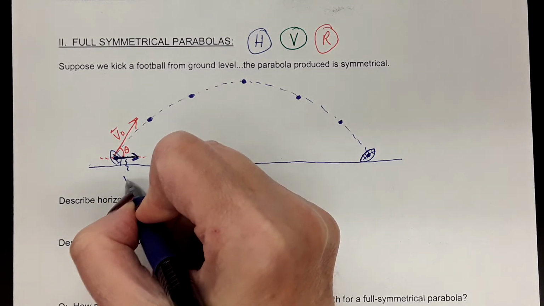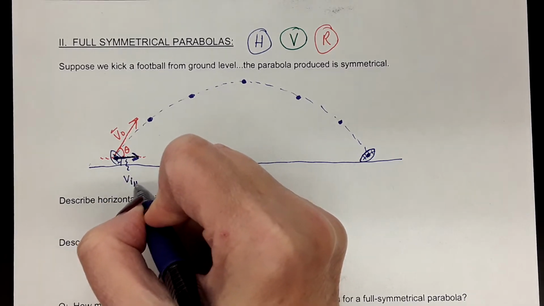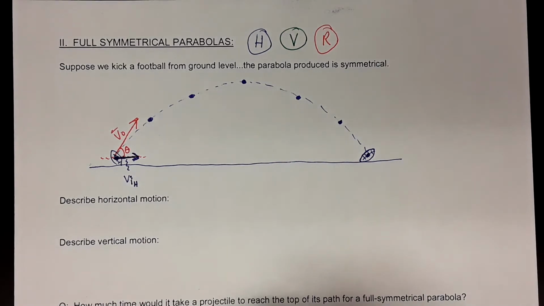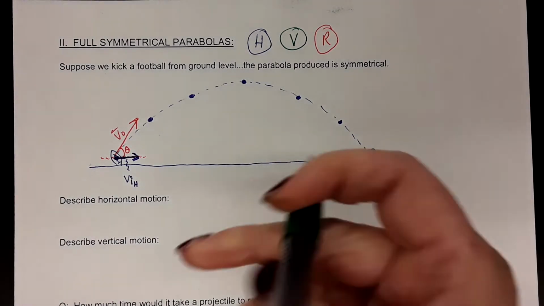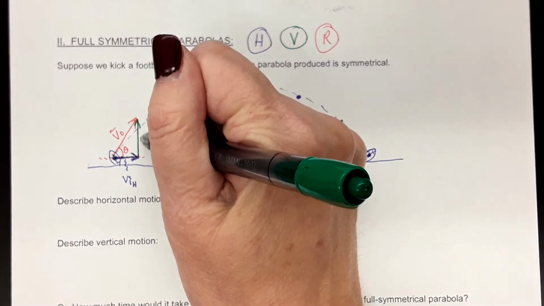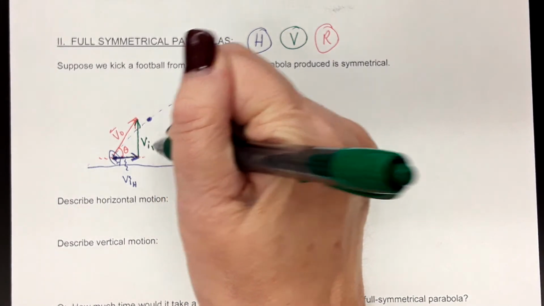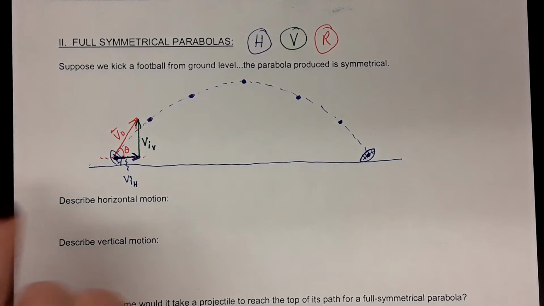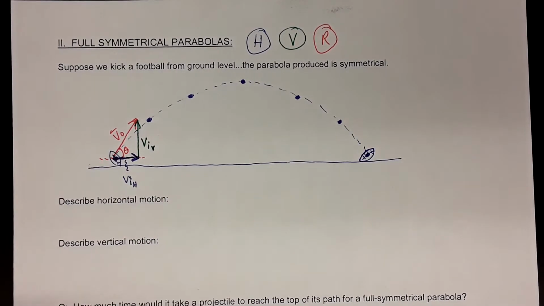I'm going to call it the initial horizontal velocity, v sub I h. The other component is going to be the initial vertical velocity. All right, the sum of these two make the initial velocity at that angle of trajectory.